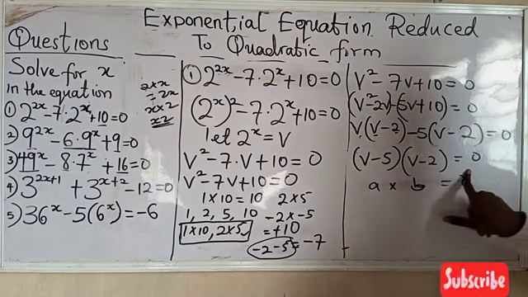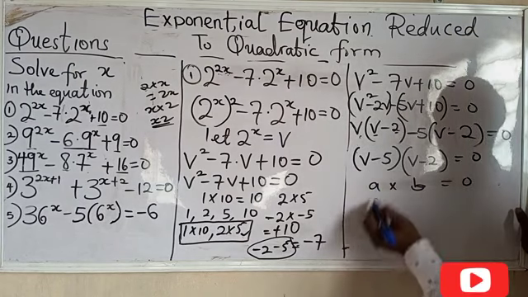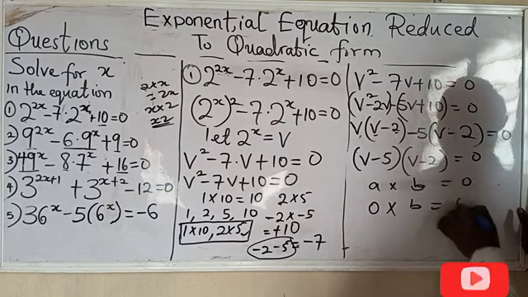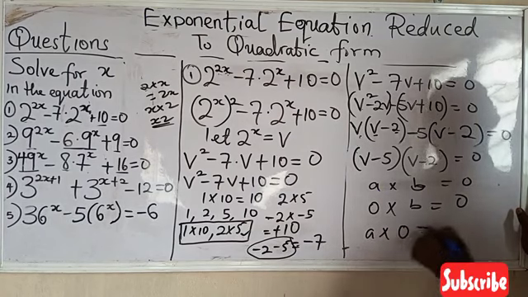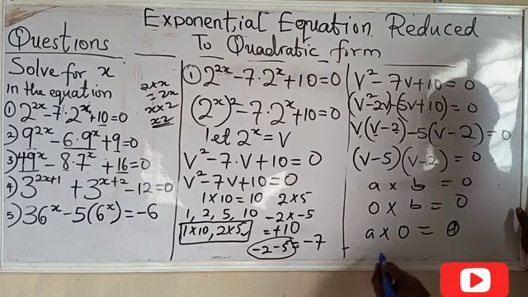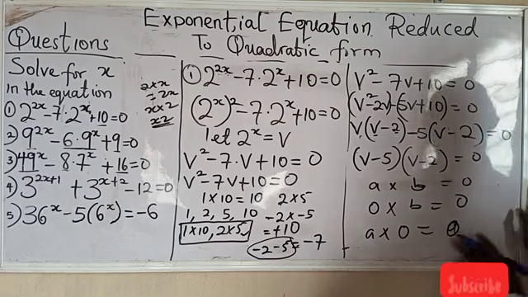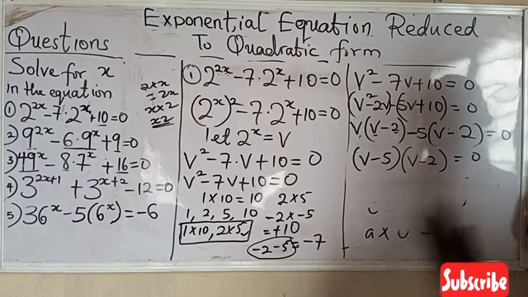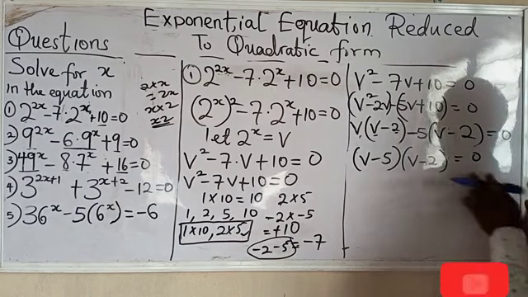That is the only condition that can make this equal to 0. For example, if a is 0 times b, automatically I know it is 0. Or if b is 0, automatically I know that the answer here is going to be 0. Or it's even possible for the two sides to be 0, and the answer I get will be equal to 0. So now we have product of two brackets equal to 0.